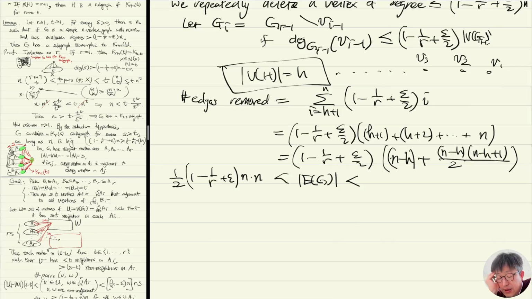And for the upper bound, we start with the number of edges of h plus the number of edges that we have deleted. So 1 minus 1 over r plus epsilon over 2.